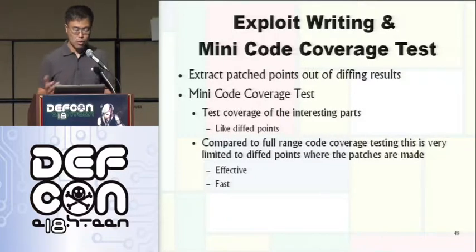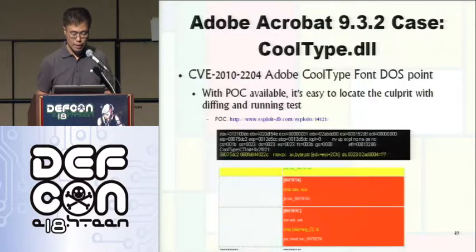So let's talk about other things. This is about exploit spotting. There are some other problems, like even though you have diffed entries, exploit writing might be very hard. With something like Adobe Acrobat, I did test with some Adobe Acrobat patches, and it will generate a lot of patch entries.